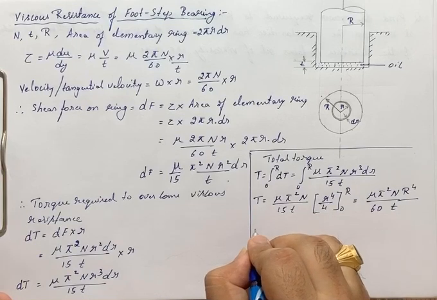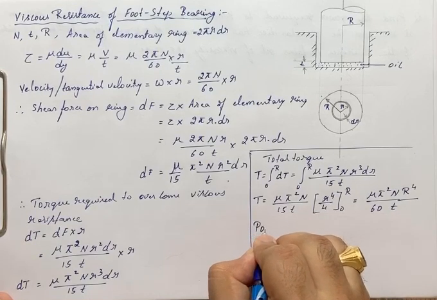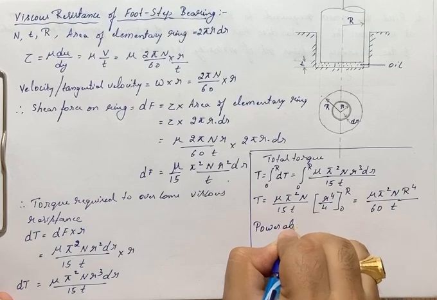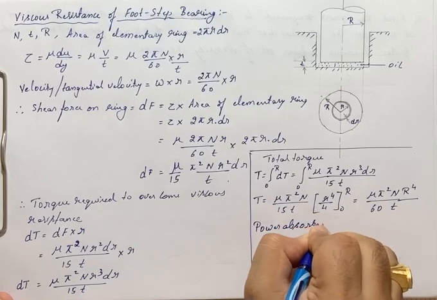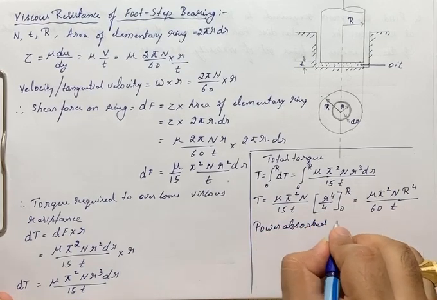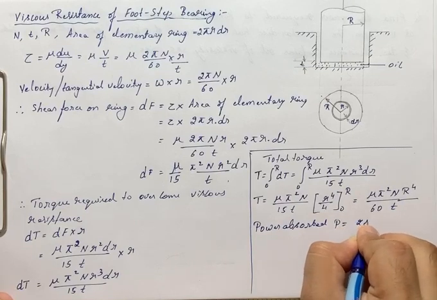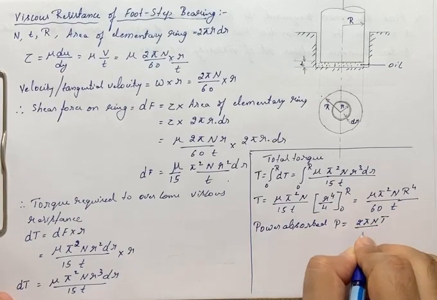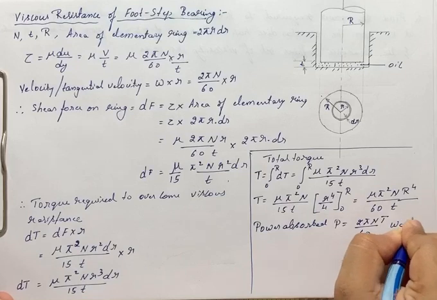But what are we supposed to find? We are supposed to find the power absorbed. Power absorbed, P is equal to 2 pi nT divided by 60 watts.